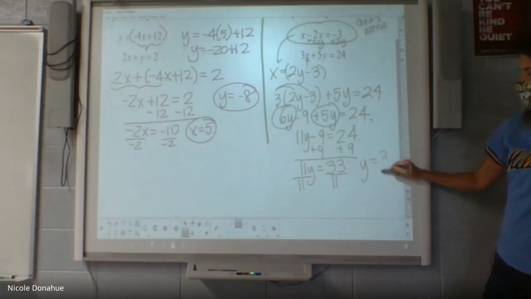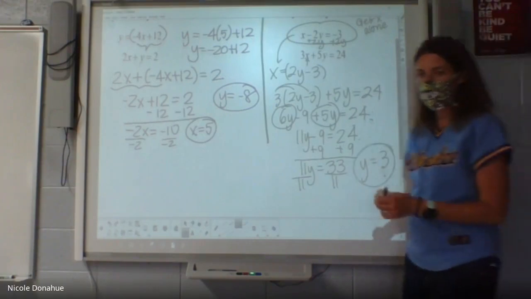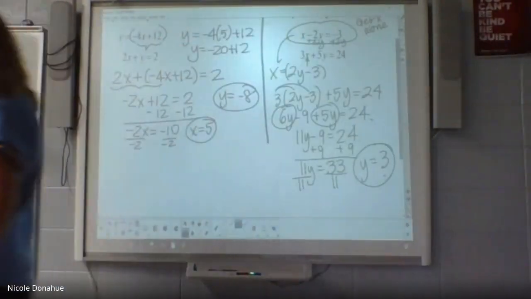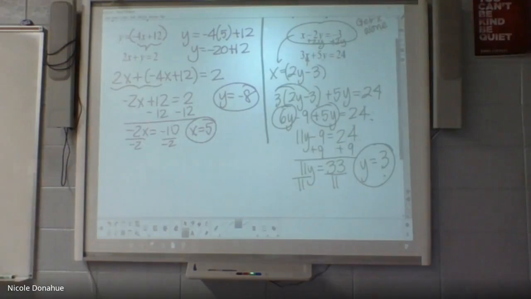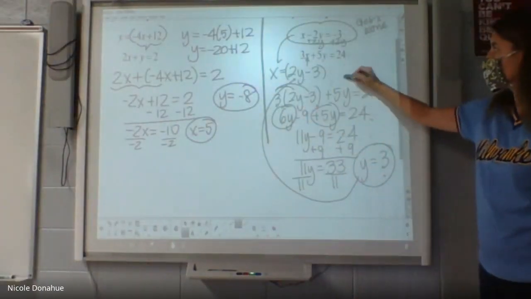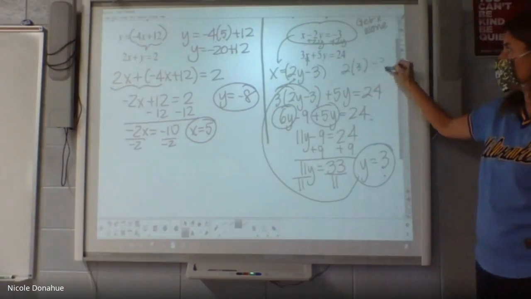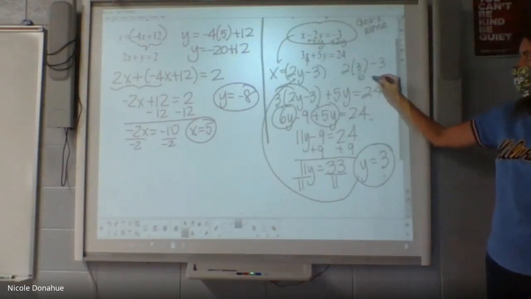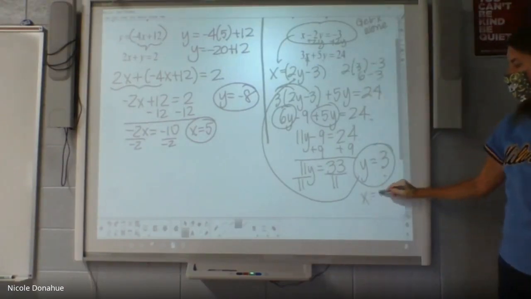And we can find out that y would be 3. Once I know y is 3, I still have to go back in and find my x value. So I have to take this y and put it back in up here. So it'll be 6 minus 3. So x is actually 3 as well.